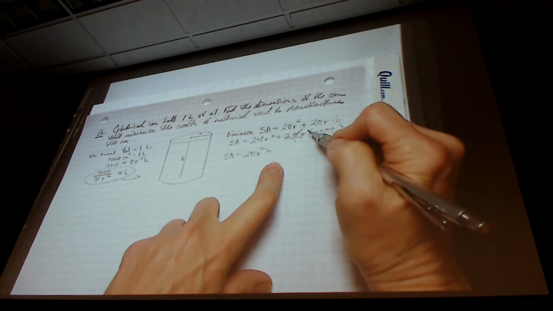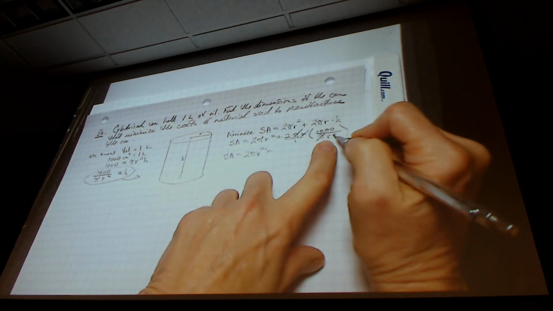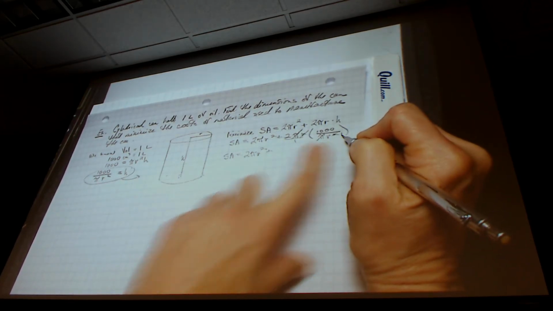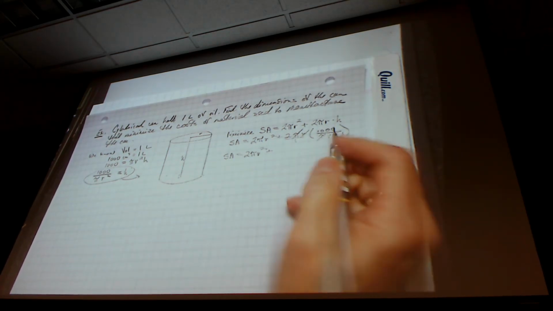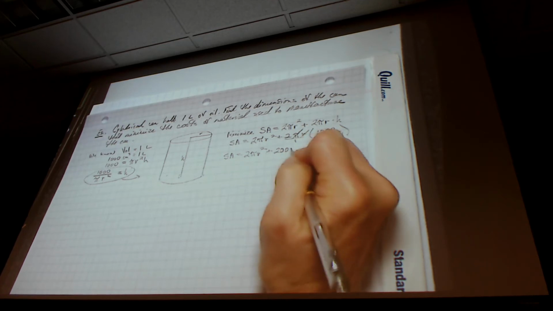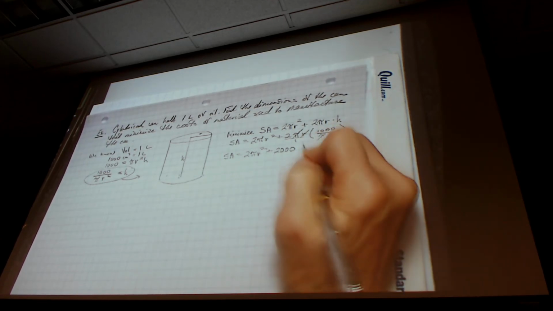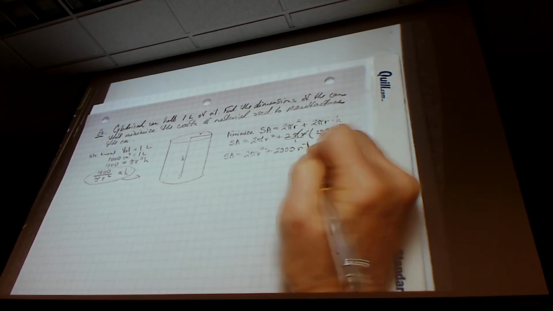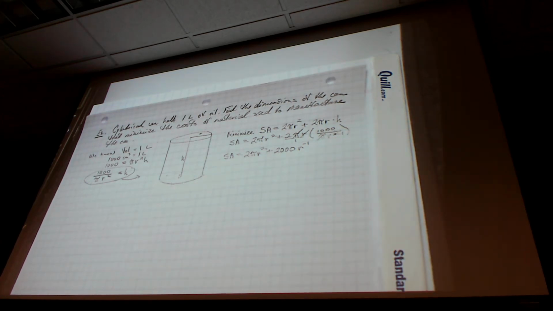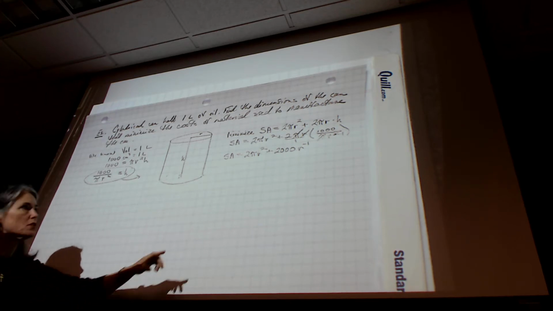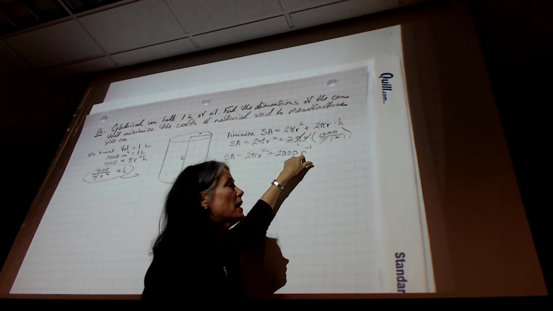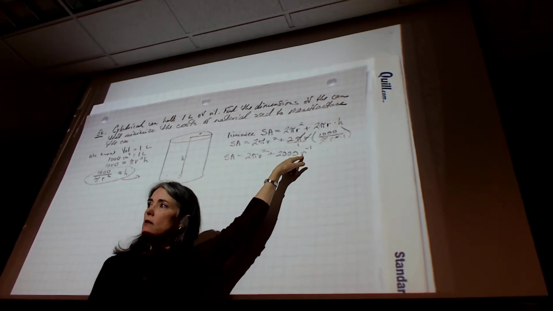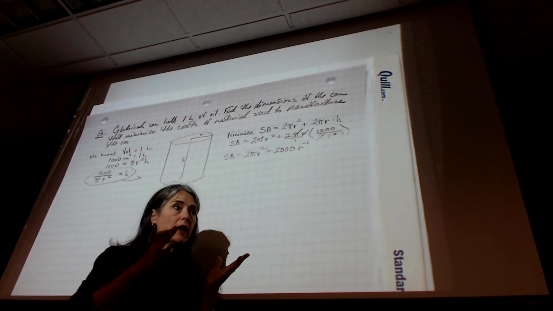And this r cancels one of these in the denominator. So I now have, on the right-hand side, 2,000. Now I want to differentiate it, so are y'all okay with me saying r to the negative 1 at this point? Yeah? R is still in the denominator because there were 2 of them. One of them canceled with that, so I have an r in the denominator, so I'm saying r to the negative 1. Yes, okay.